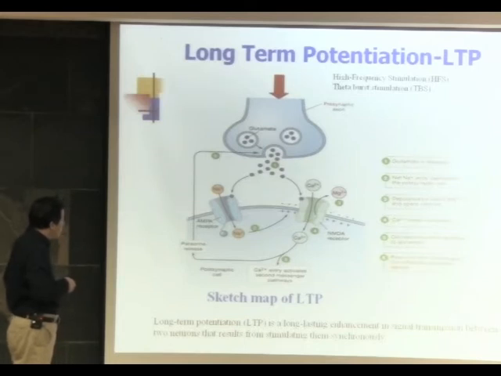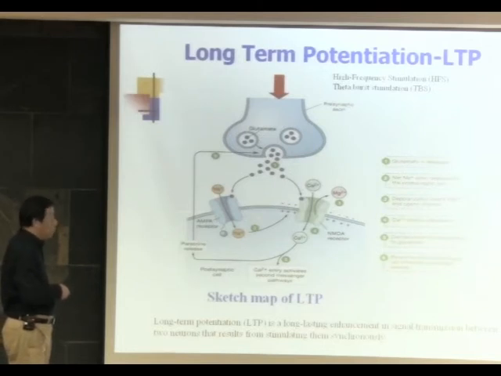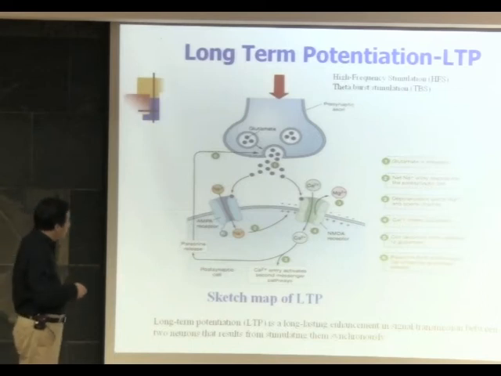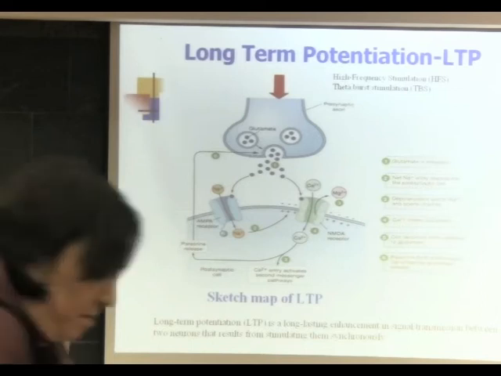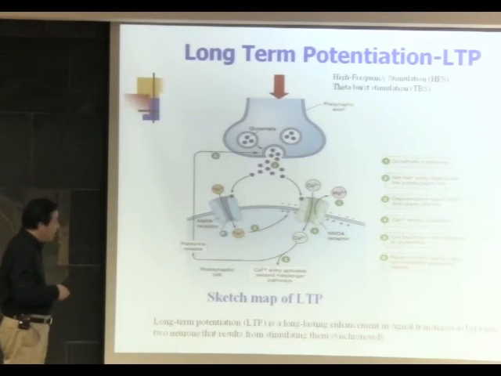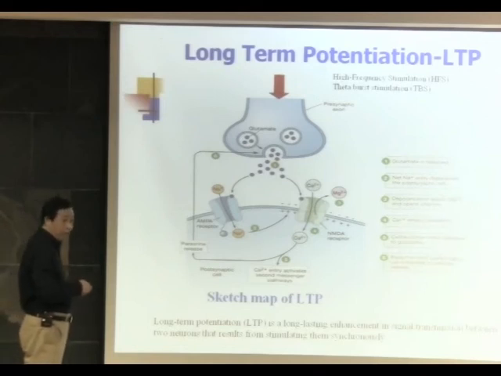Then the sodium in the gap will enter the postsynaptic cell, which will cause depolarization, and then the magnesium will be ejected into the gap.